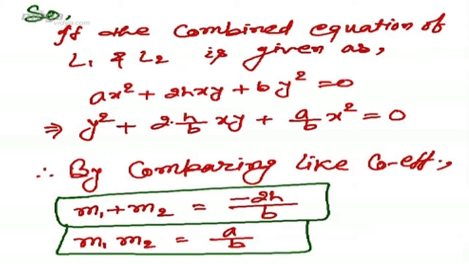So this is the relation, and students, you have to remember that if the individual slopes of two straight lines are given as m1 and m2, then the relationship between m1 and m2 is m1 plus m2 equal to minus 2h upon b, and m1 into m2 is a upon b.